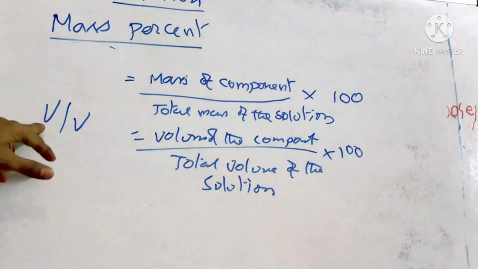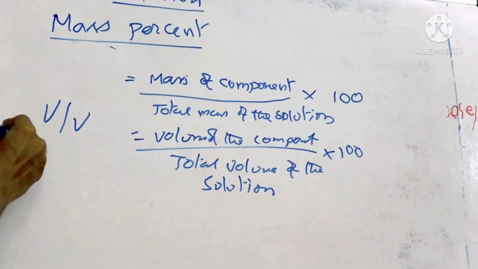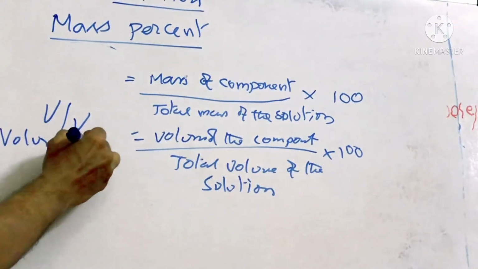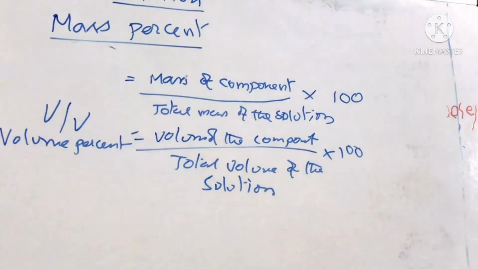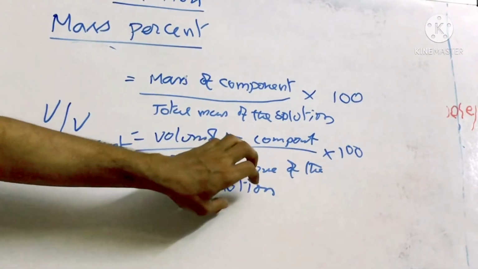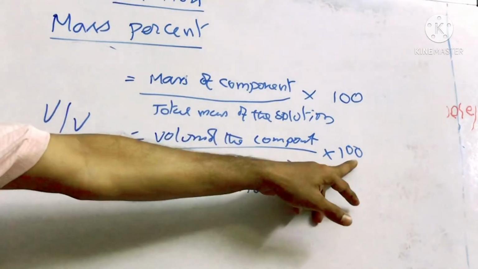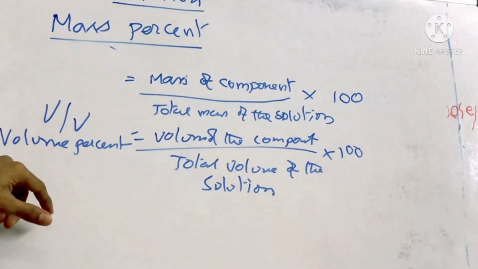So then you will get the volume percent instead of mass percent. This is called volume percent. Okay. So volume of the component by total volume of the solution. For example, if I take 1 liter of solution, what is the volume of the component present? And multiply with 100, then you will get the volume percentage.